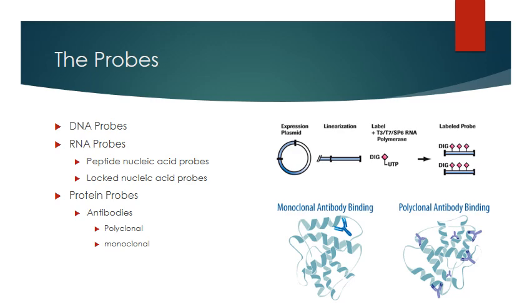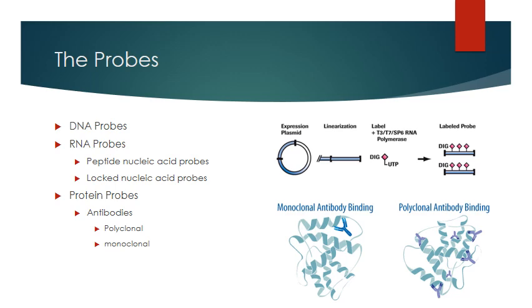That hybridoma will grow in culture and secrete antibodies. That's generally the production method of choice for monoclonal antibodies.